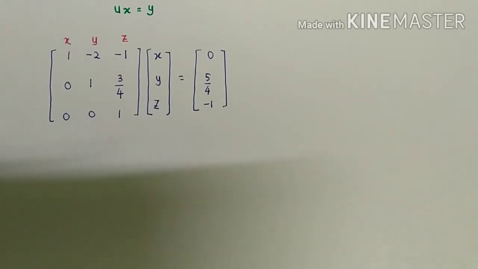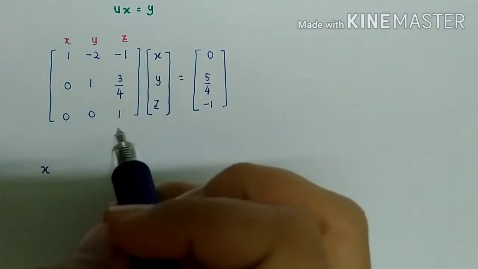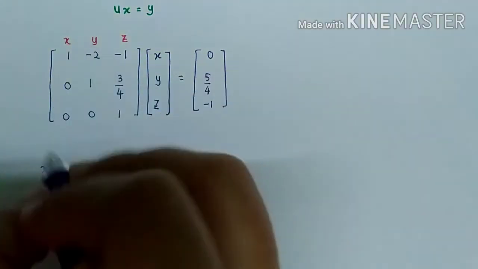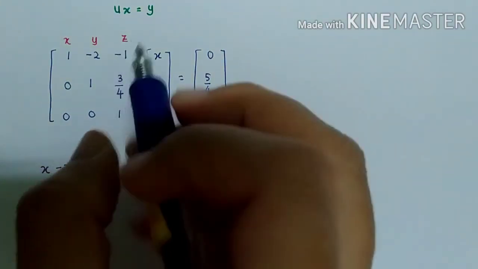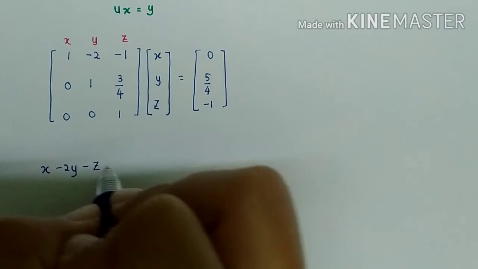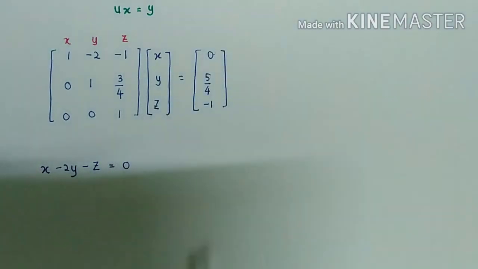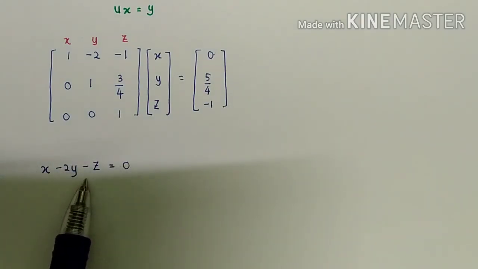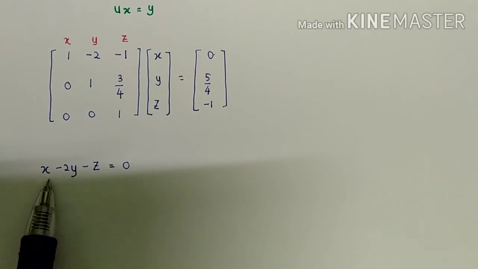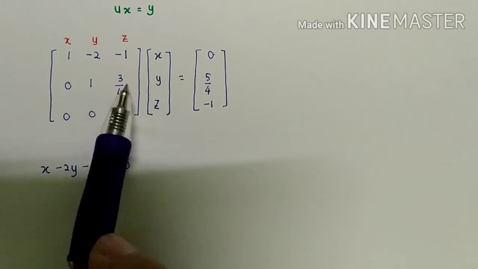For the first equation we have 1x or just x minus 2y minus 1z, and then equals 0. So we have x minus 2y minus z equals 0. We cannot solve this equation yet because we have 3 unknowns here. We proceed to the second row.